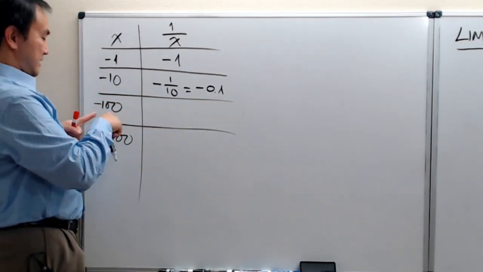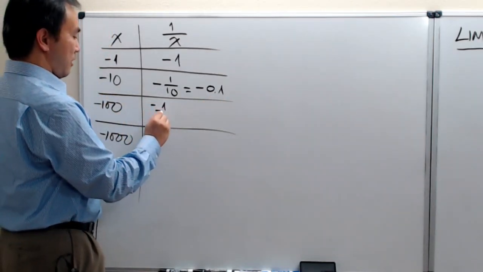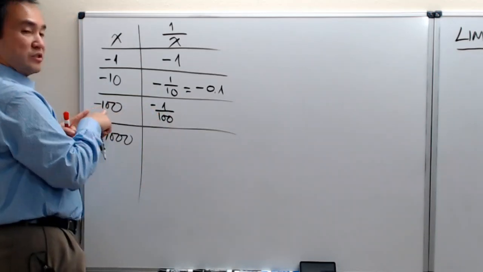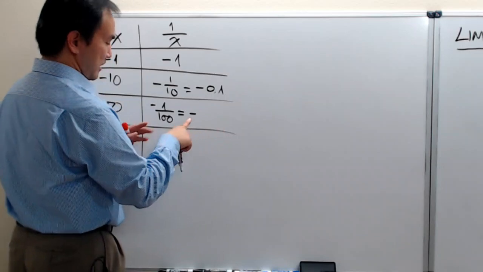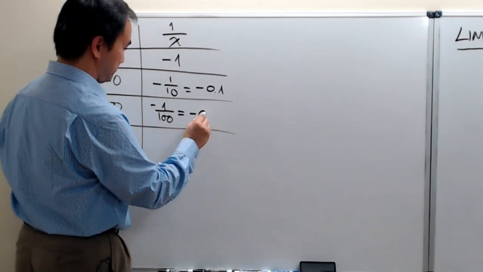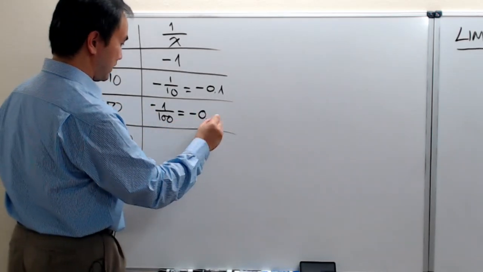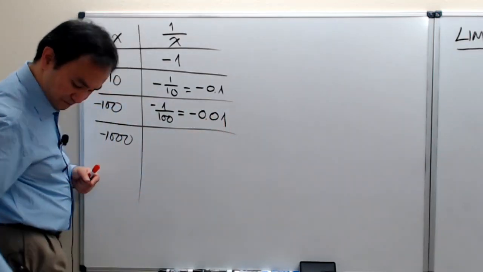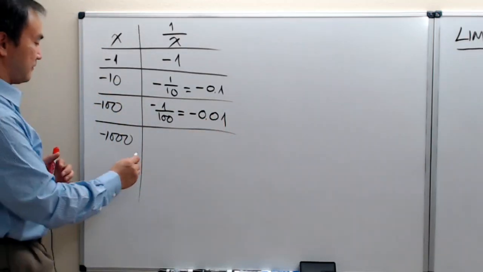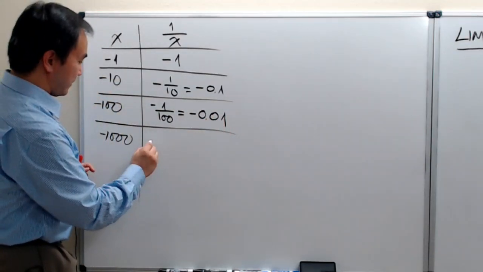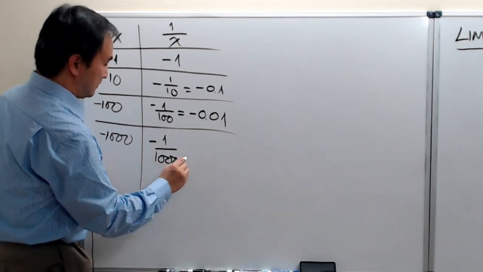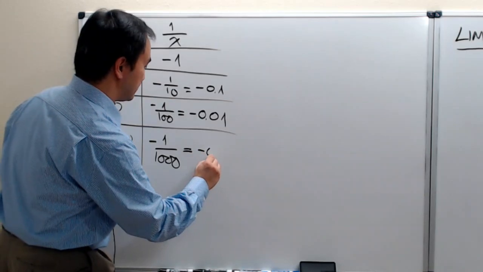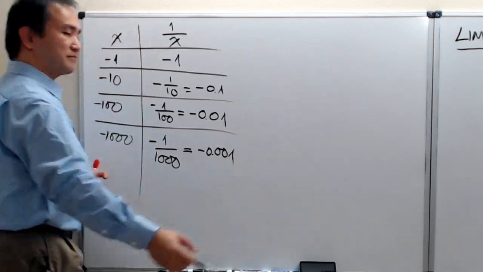Then we're looking at negative 1 over 100 when x equals negative 100, and in decimal, that is negative 0.01. And another one here: the output value negative 1 over 1,000, but in decimals, negative 0.001.